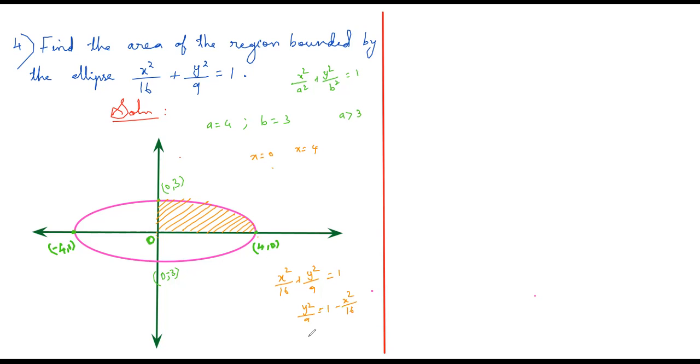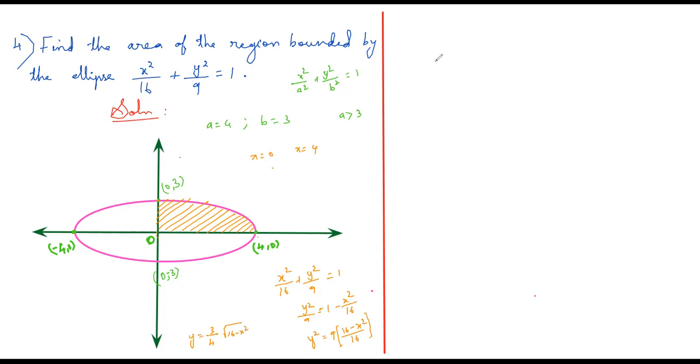So y squared is equal to 9 into (16 minus x squared) by 16. Taking square root on both sides, it is 3 by 4 into square root of 16 minus x squared.